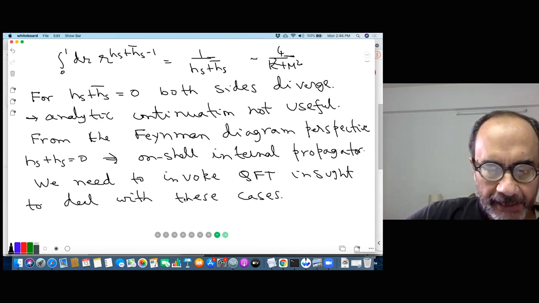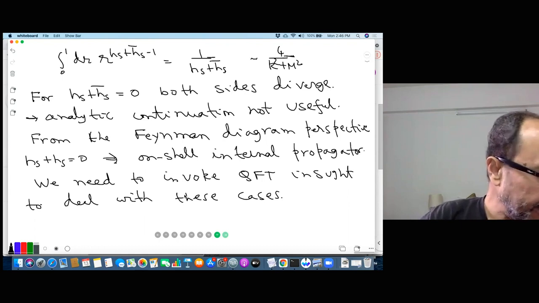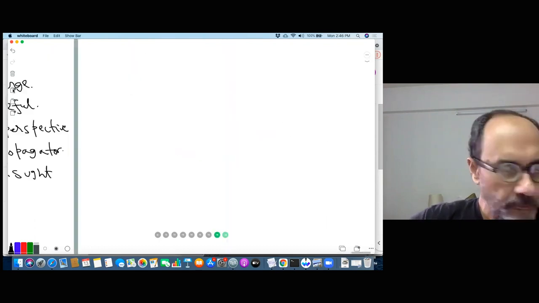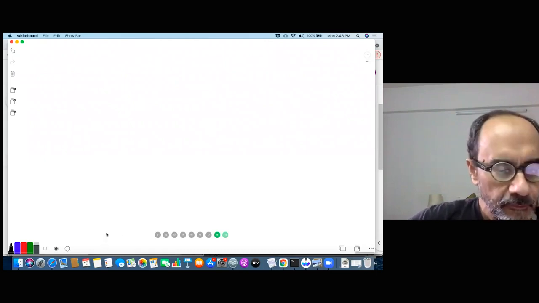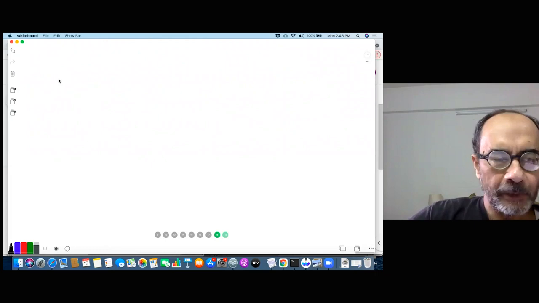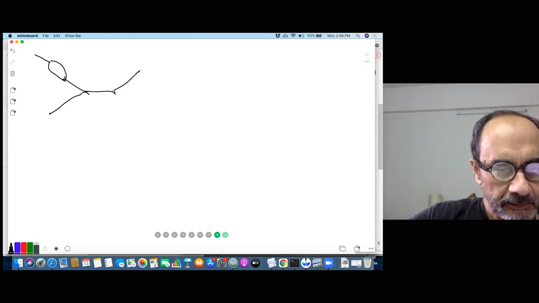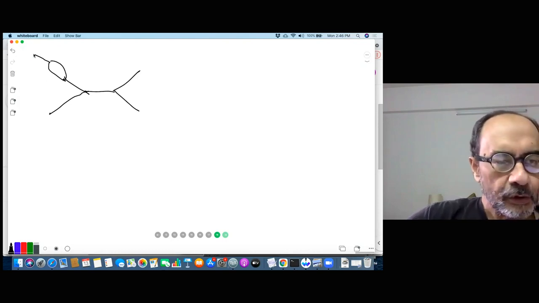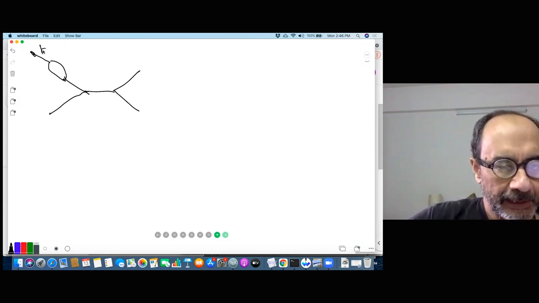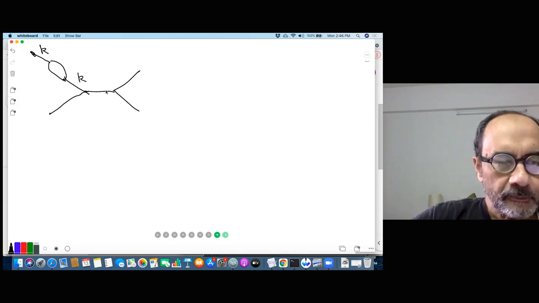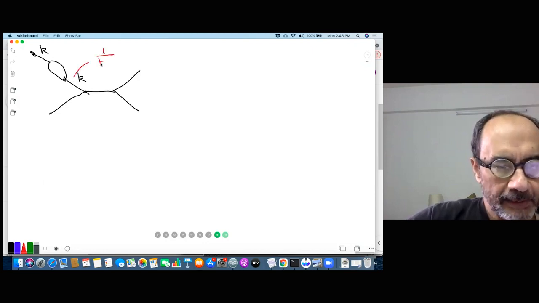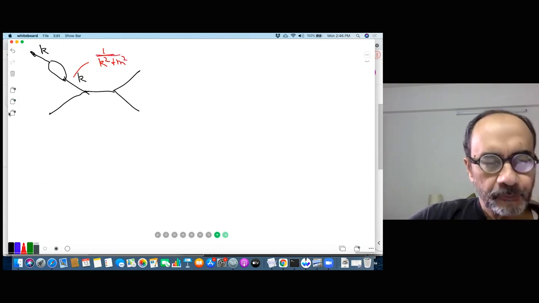Let me give an example of when we encounter this in QFT. Suppose in quantum field theory you are doing a one loop calculation, and you have a diagram like this. Here by momentum conservation, the momentum here is the same as the momentum here. This propagator is 1 over k square plus m square, where m is the mass of the particle flowing in this line.